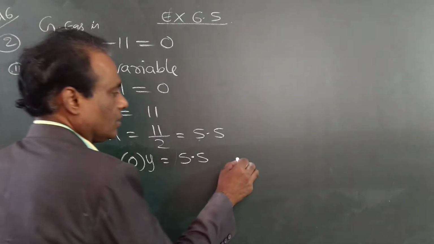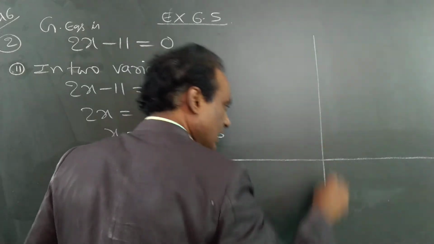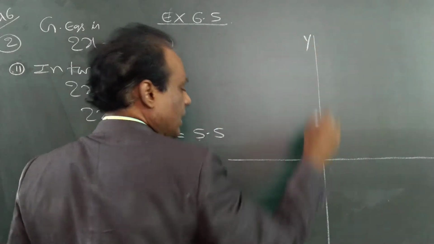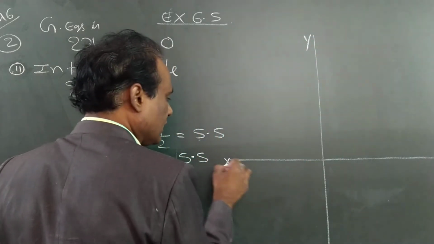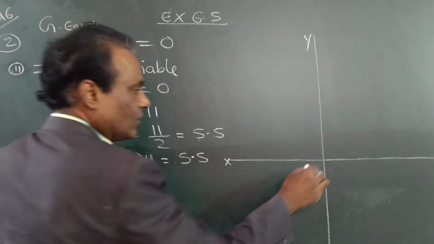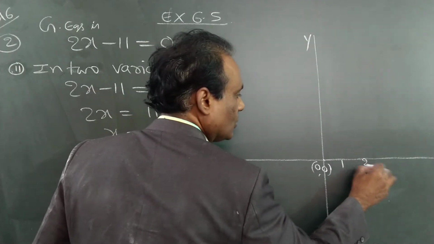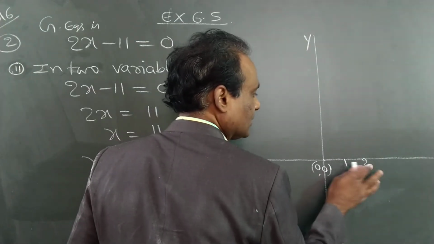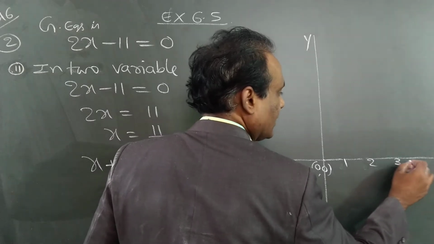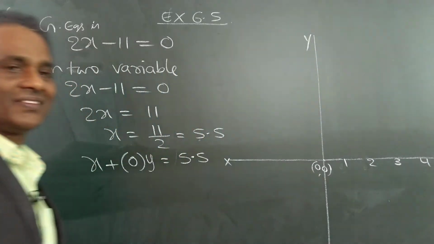Now, draw the vertical line, y-axis, and the horizontal line, x-axis. This is 0, 0, 1, 2, 3, 4, 5, 6, like this.